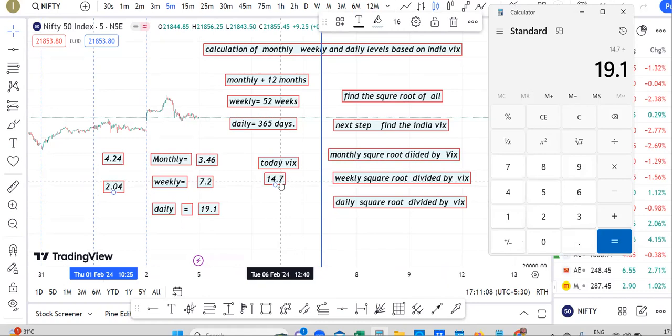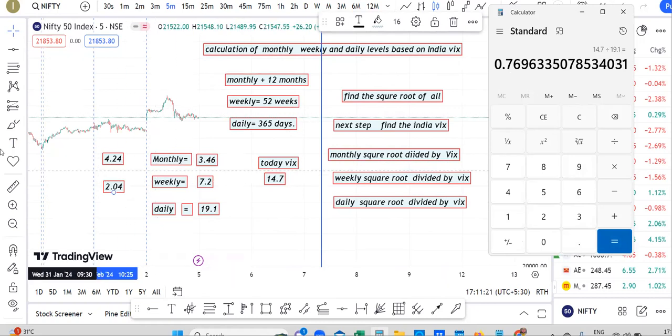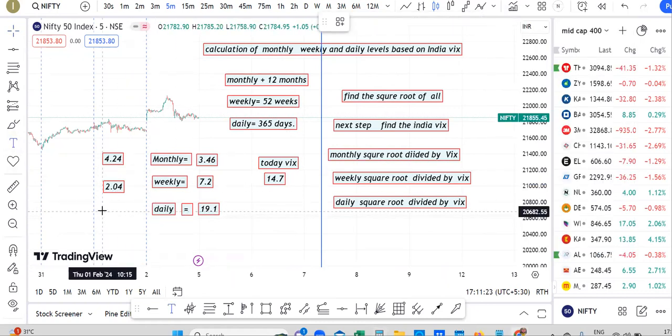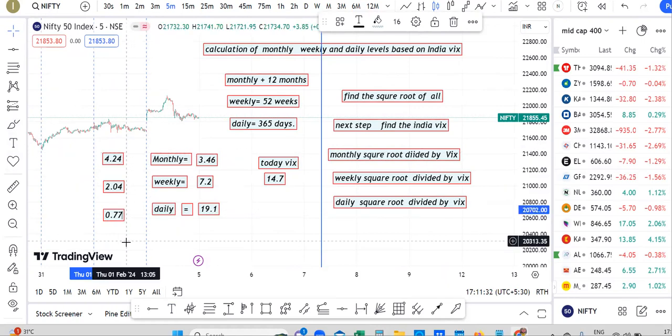Day to day, you have to take the reading of the India VIX and then you have to calculate like that. Is equal to, I am getting 0.7696. It is equal to 0.77. So I got the values.